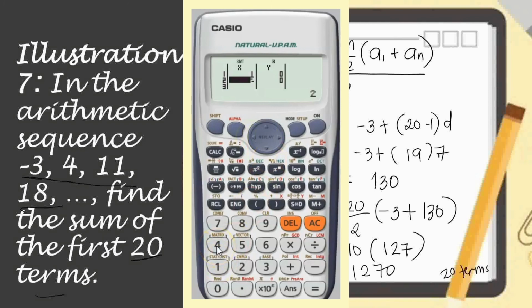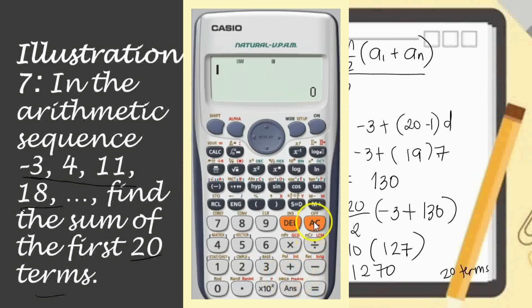So, 4. Equal. So, yung first term, that is negative 3, and then equal. And then yung fourth term, that is 18. Dapat tugma kung pang ilang term, saka yung value niya.